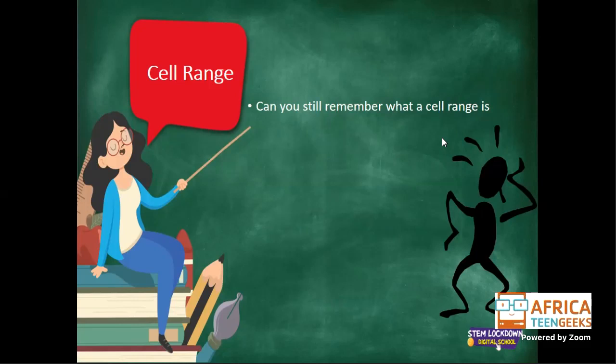Okay, because I see no one is willing to respond, let me just continue. A range is a group of adjacent cells with no gap in between, that you can select by dragging the mouse across them, like we did yesterday.